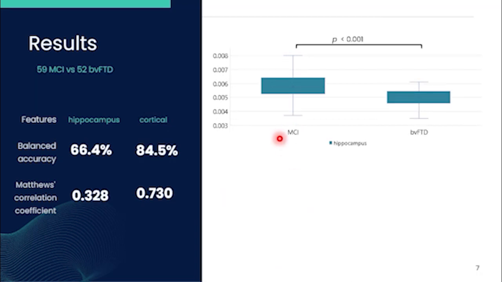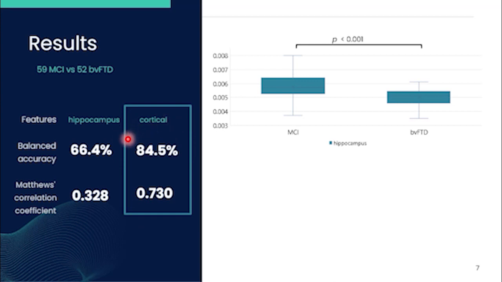And then we can study mild cognitive impairment with the other types of dementia, and we can see that the hippocampus has 66%, and with this accuracy we also see differences between the groups. But the highest result was achieved with the cortical regions, with 85% accuracy.